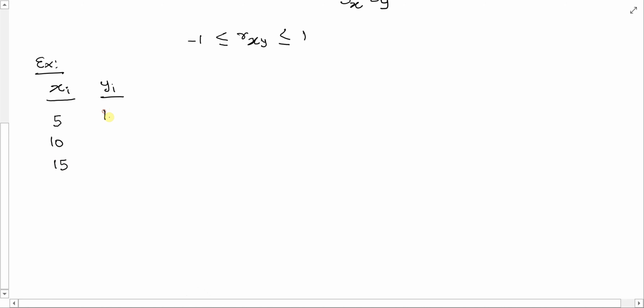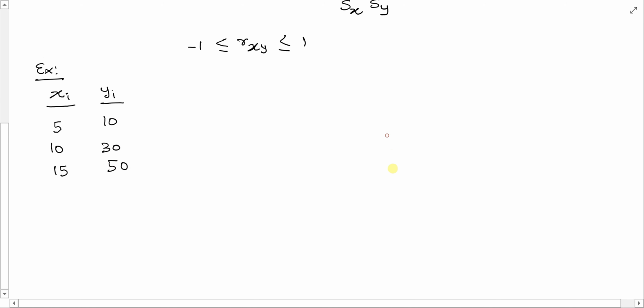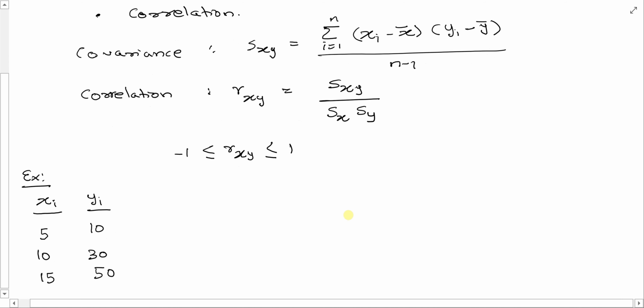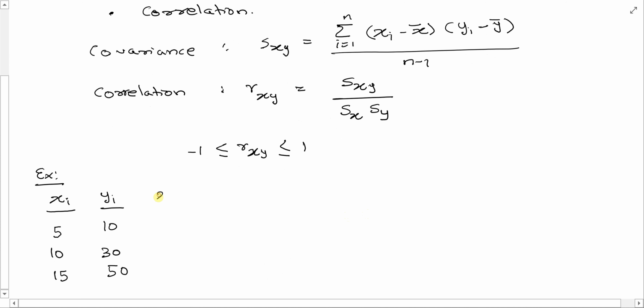And yi takes the value 10, 30, and 50. Now notice, to figure out correlation and covariance, one has to see how far is each x from its mean, so xi minus x bar, and how far is each y from its mean, so yi minus y bar.